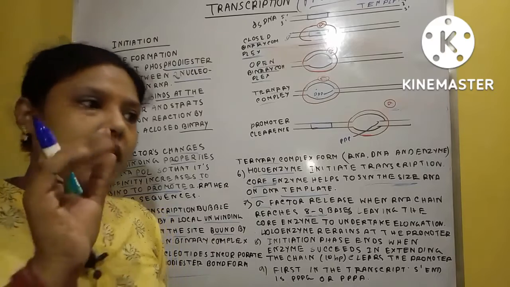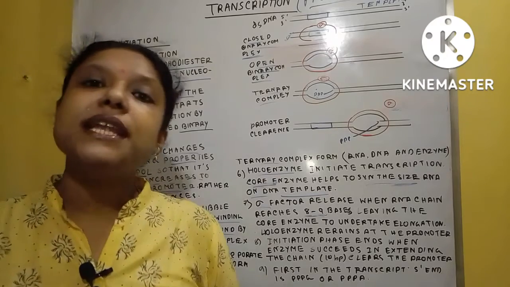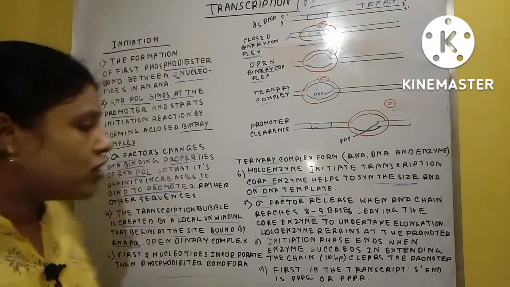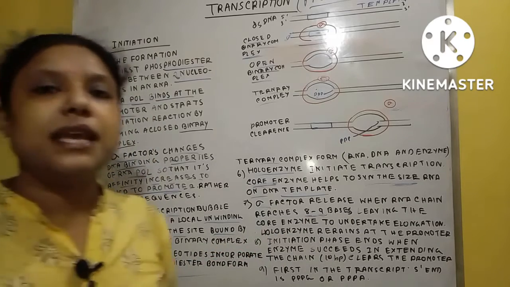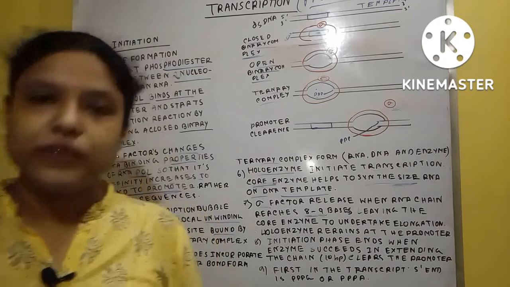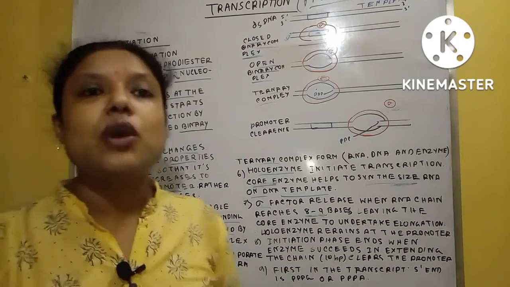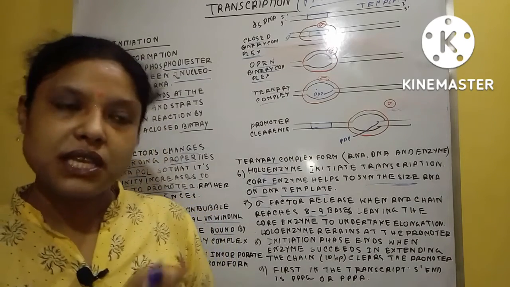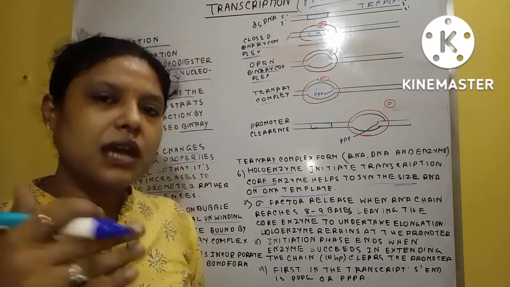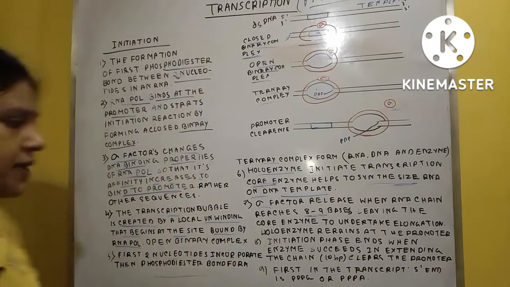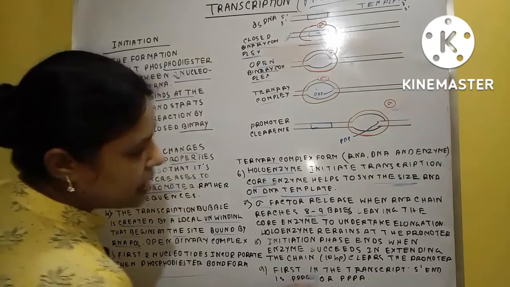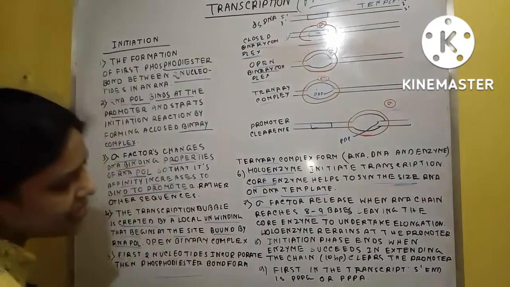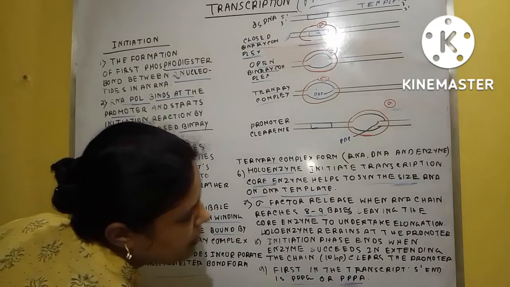Until the 10 bp chain is elongated, you cannot say the transcription process is continuing, because it can stop, or the transcription process can be totally stopped. I will discuss this after that. Here, first, the transcript at the 5' end is pppG or pppA.